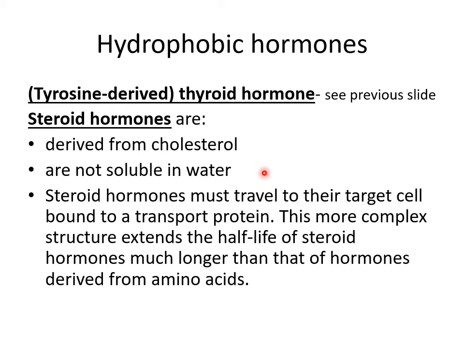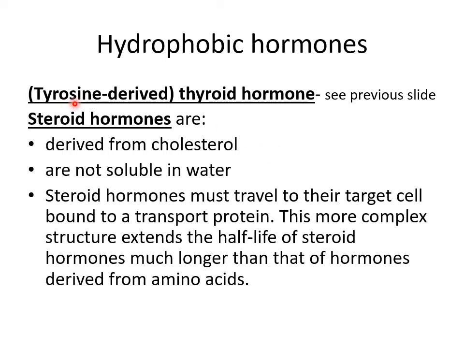So that means the cytoplasm of the cell is a barrier to it. The extracellular matrix is a barrier. The plasma, the blood, is a barrier. However, the cell membrane is not, because it's made out of a lot of phospholipids.